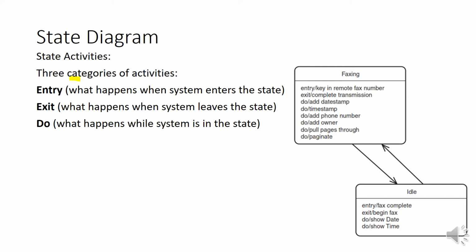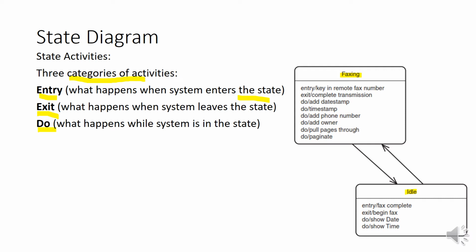There are three categories of activities: entry activity, exit activity, and do activity. Entry activity is what happens when an object or a system enters the state. For example, the diagram shows a fax machine state diagram. Its states are faxing and idle. The activities inside the faxing and idle states are mentioned.